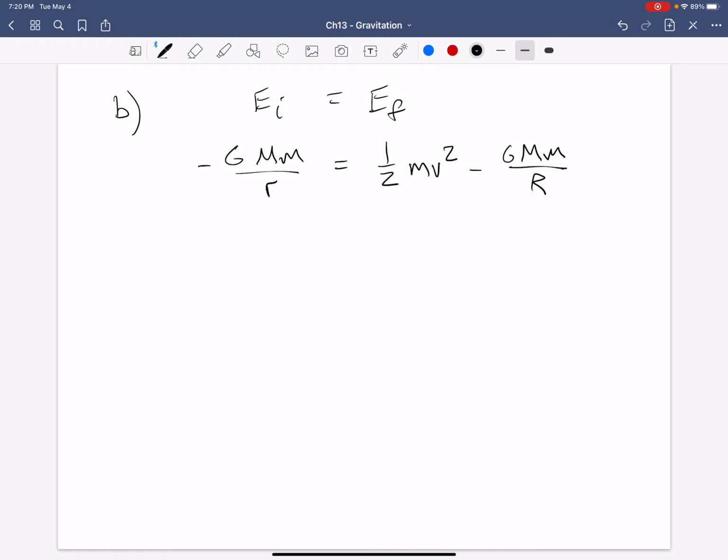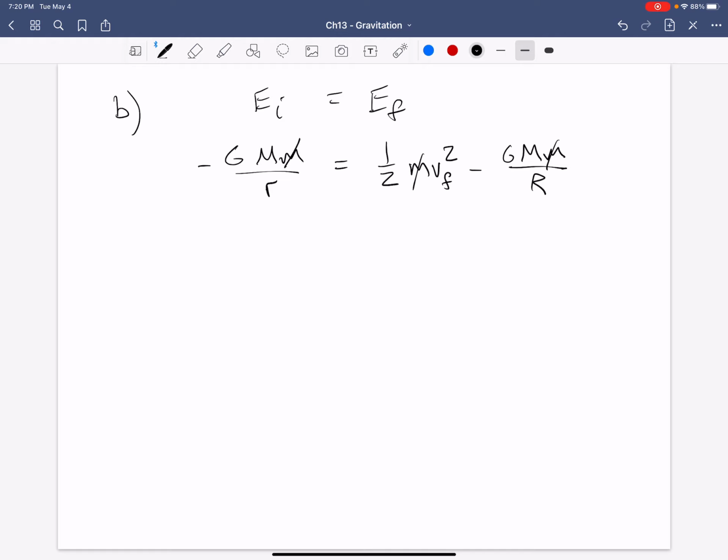All right, so we can say the speed is final. Now, our strategy is to solve for v. The mass of that particle actually cancels out. You see that? Lowercase m, lowercase m, lowercase m.